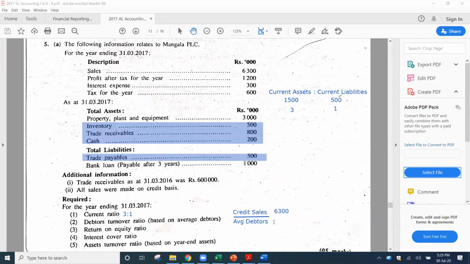Then the average debtors. How do you calculate average debtors? Average means opening plus closing, divided by 2. Now, opening debtor balance is 600. Closing debtor balance is 800. Then that will give you the answer for debtors turnover. So 6,300 divided by 7.